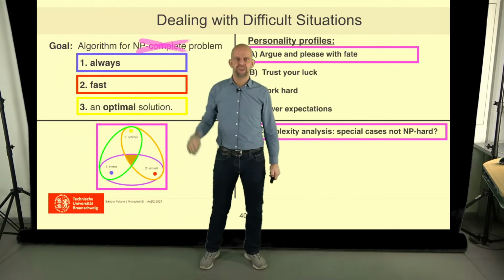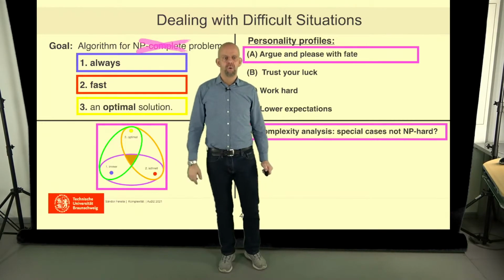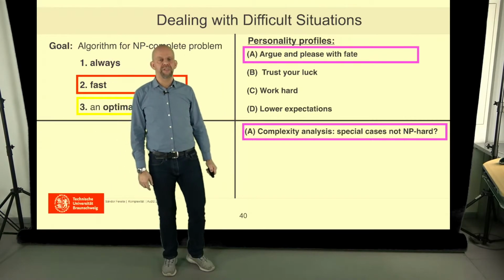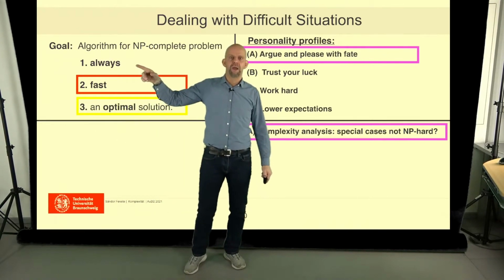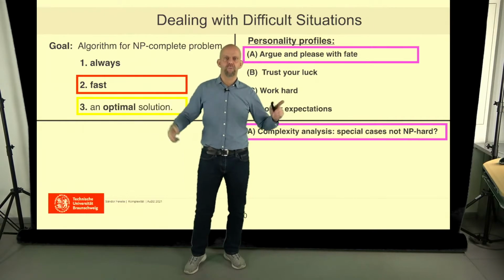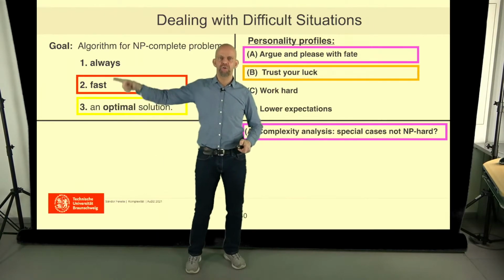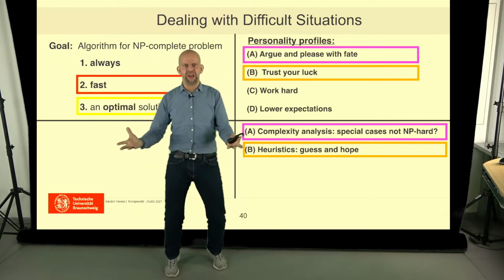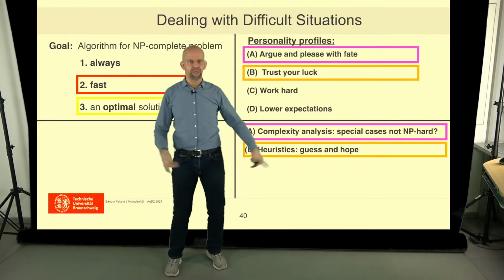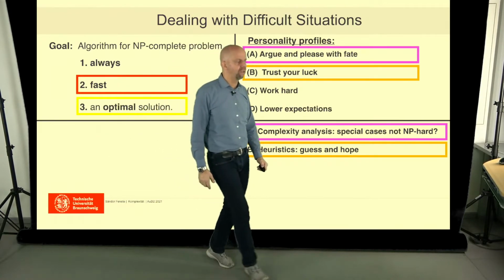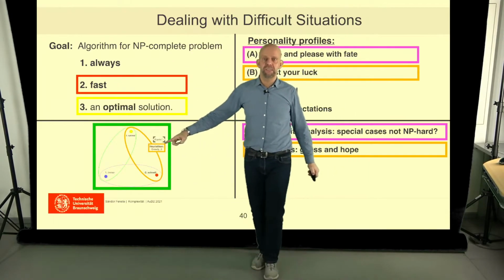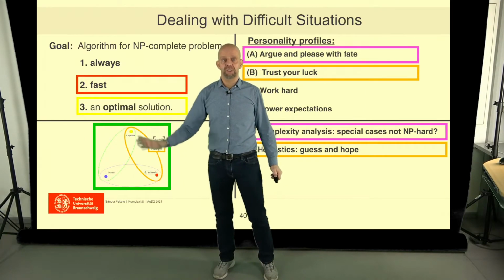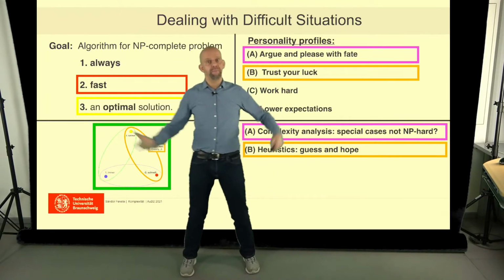Just try to sidestep this whole setting. The second option is you say, okay, maybe not always, but maybe my luck will hold. So I will combine these two properties and I have some heuristic that works fast, and maybe sometimes it works, and I hope and guess. So focus on the red and the yellow, that works sometimes, maybe we're lucky.